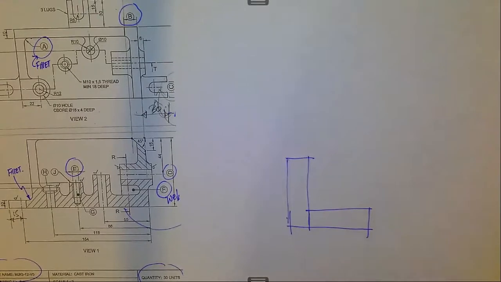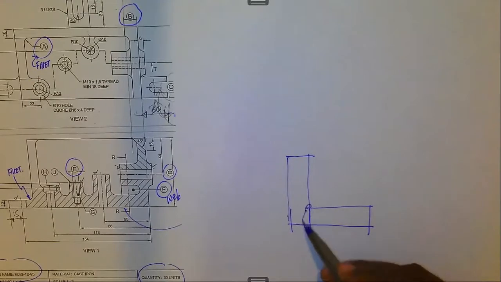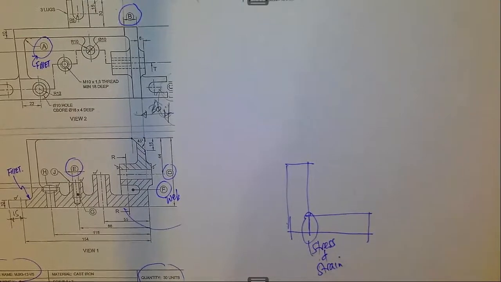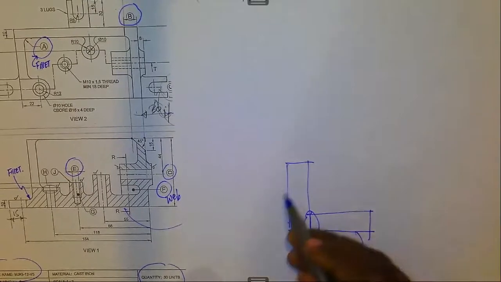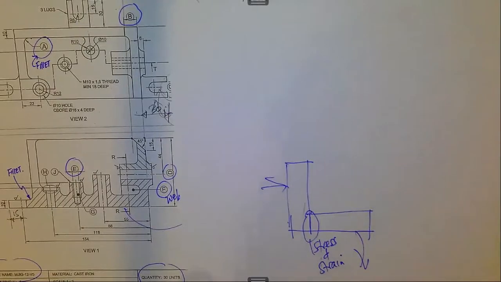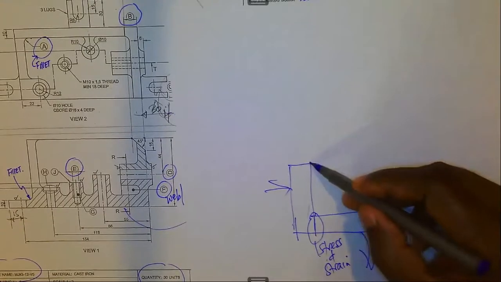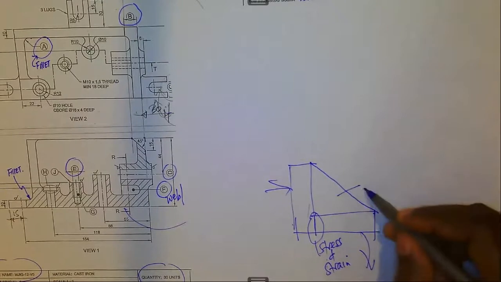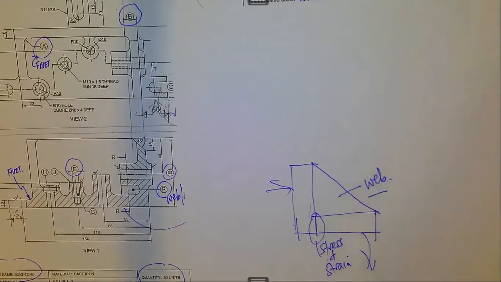You would know that if not supported, this part would suffer from stress and strain, and it's likely to pull this one or pull that one, then there's a break. So in order to bring support, you create a member like that. This member we refer to as a web.